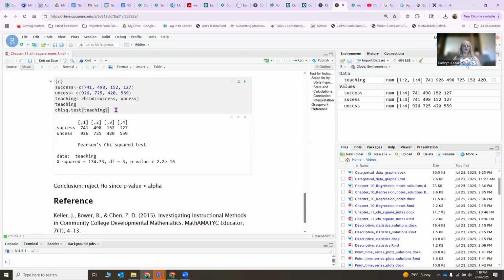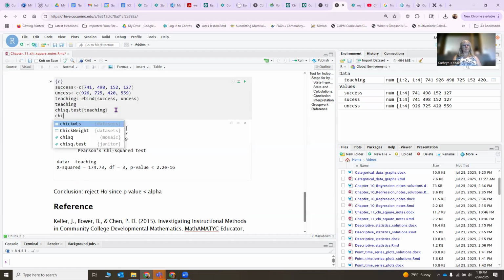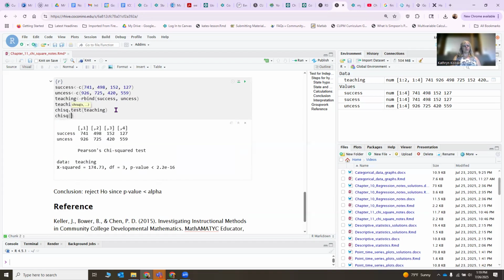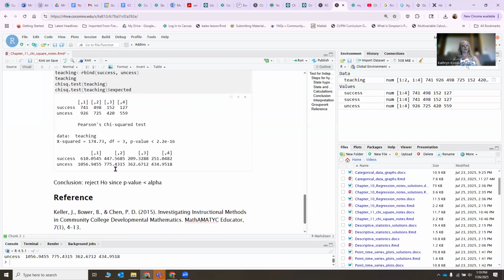One thing I did not do yet is get my expected values. So, whoops, chi-squared test, and we're going to do teaching, and then here we're going to do the $expected. What this will do is calculate those expected values for us.